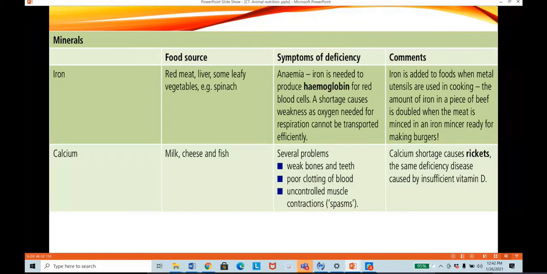Mineral calcium. Food source: milk, cheese, and fish. Symptoms of deficiency: several problems, weakness, weak bones and teeth, poor clotting of blood, uncontrolled muscle contractions, spasms. Comments: calcium shortage causes rickets, the same deficiency disease caused by insufficient vitamin D. Perfect. Thank you so much.